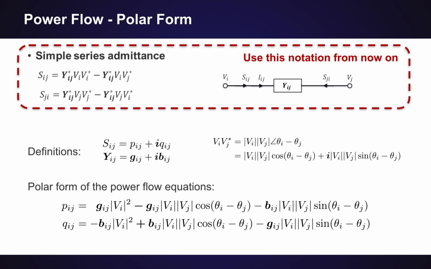If you take the definition of complex power, the definition of the line admittance, and the definition of the voltage product, so the voltage on node i times the complex conjugate of the voltage on node j, you multiply these things and split it into the real and the imaginary parts of the equations, you will get the polar form of the power flow equations, where we have the active power Pij and the reactive power Qij represented in the equations that you see down here, expressed in terms of the voltage magnitude and the phase angles at each node of the system.